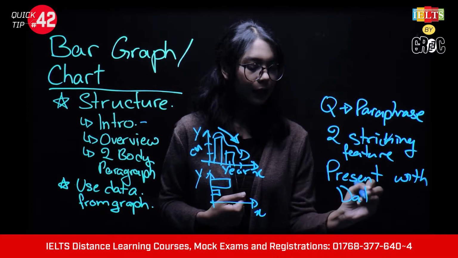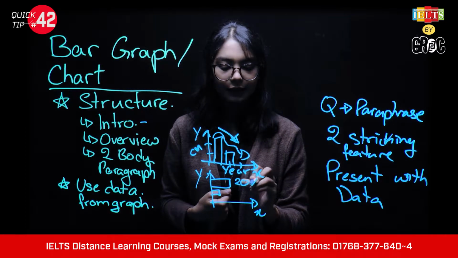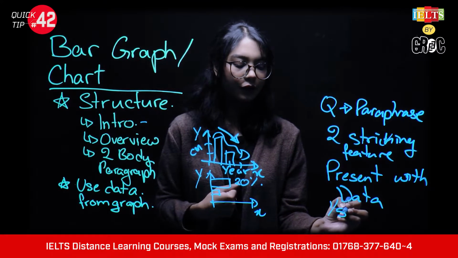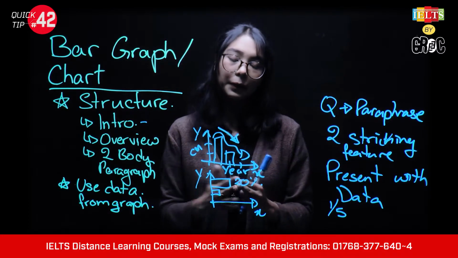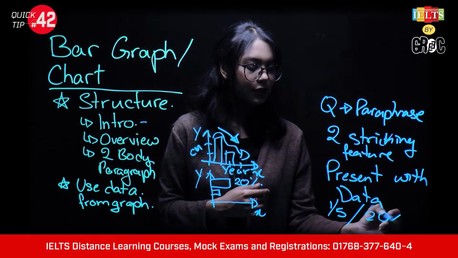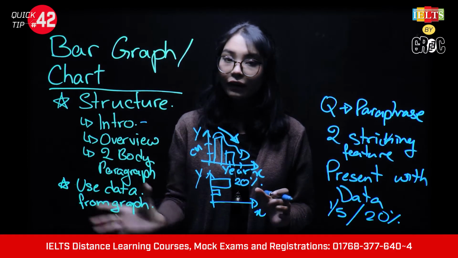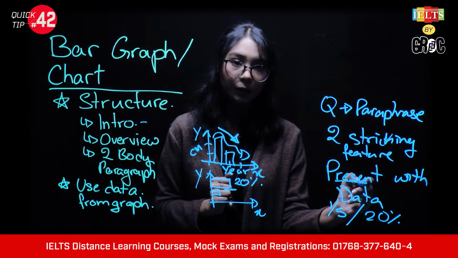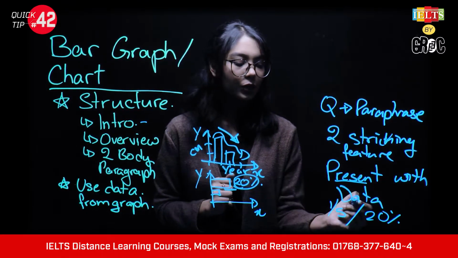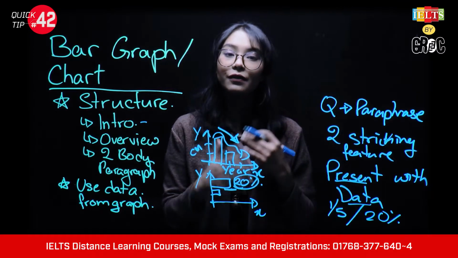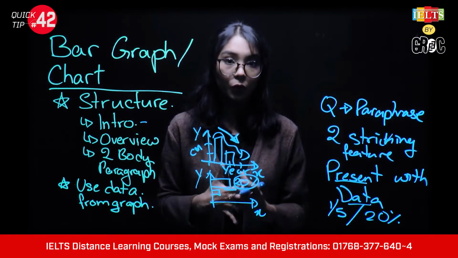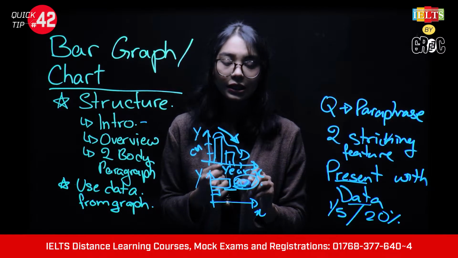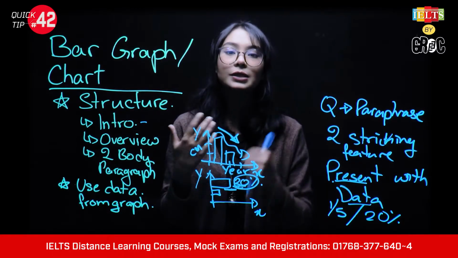So, for example, if 20% is written here, you can either say it is 1/5, okay, so one part out of five parts, or you can say 20%, all right? So whatever you're writing, you have to present the bar graph along with the data given in it, so that whatever you're saying has support, okay? You're not just writing randomly. You have understood the data, and you can present the information using the data.